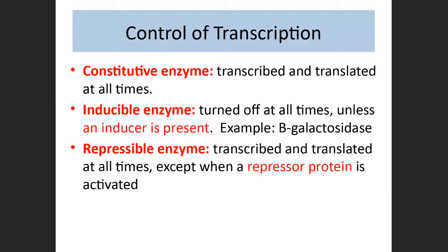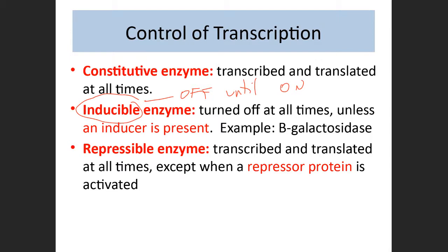So we have constitutive genes or enzymes, which are the ones that are transcribed and translated at all times. These are the types of enzymes the cell needs all the time. Some enzymes can be inducible, meaning that they're only going to be expressed when the cell needs them. Otherwise, they're always off until they're needed, and then they're turned on.